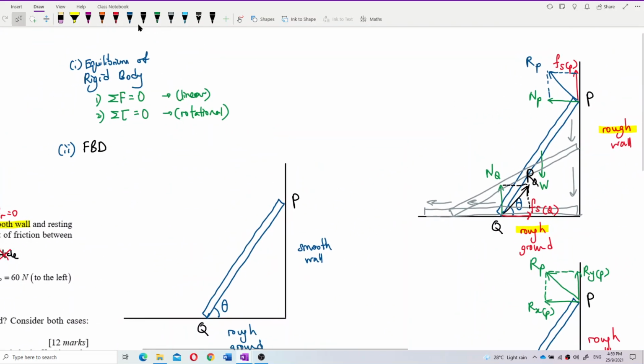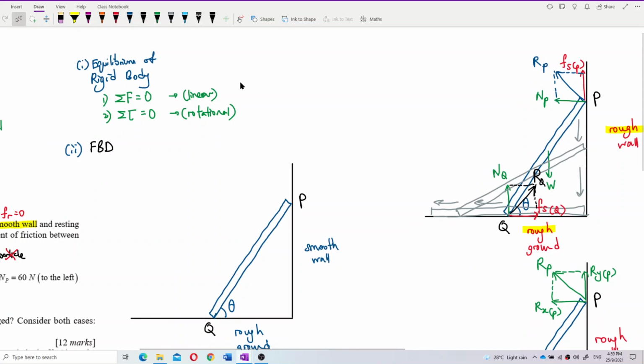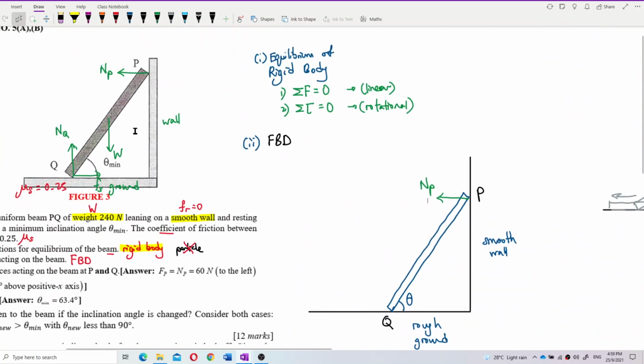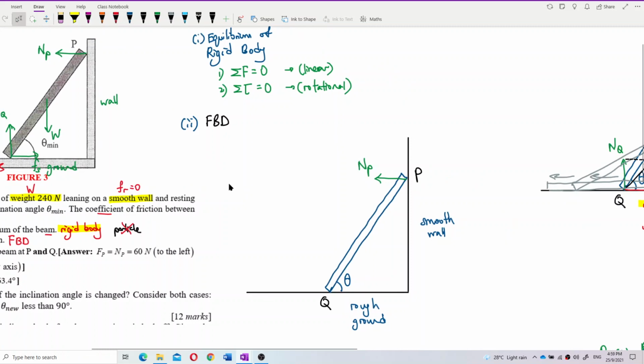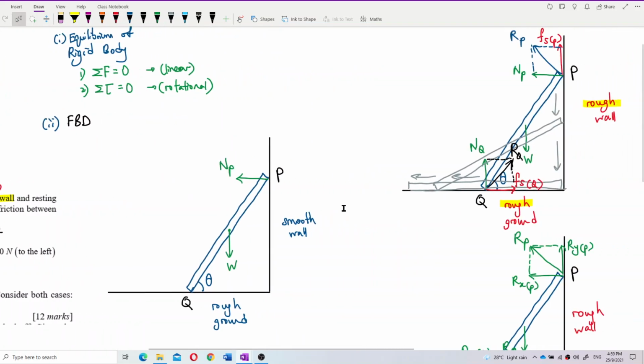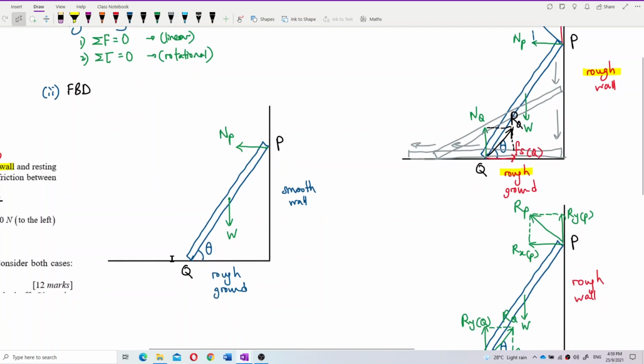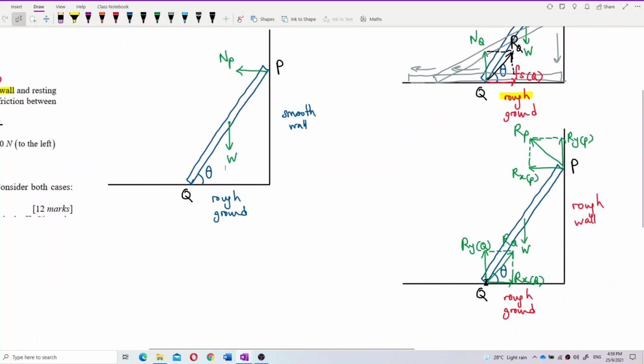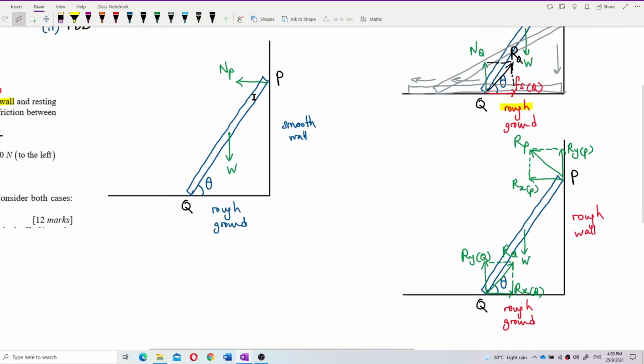So we can just write this as the normal force at P. And we have drawn already the weight, and then what else? We have this friction at Q. So we can just write it as RXQ and RYQ.